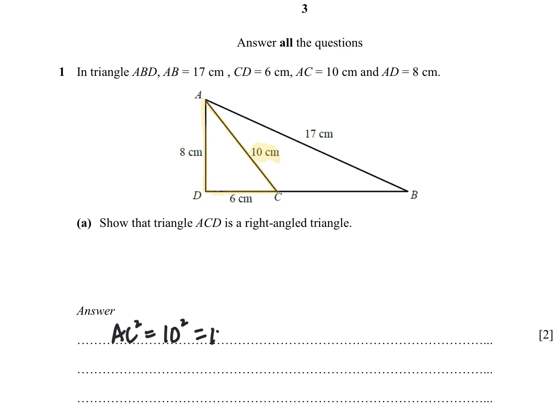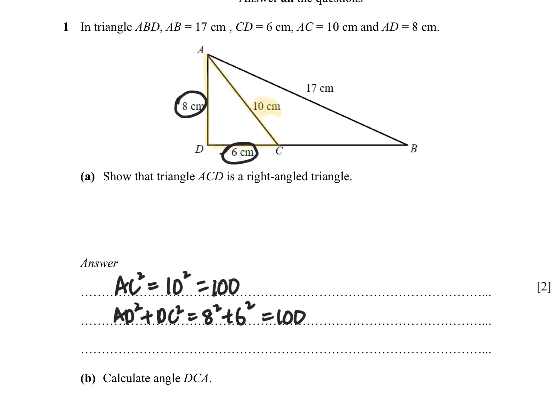So AC square is 100. Okay? And then you try to find the squares of the other two sides. AD square plus DC square, which is also 100.